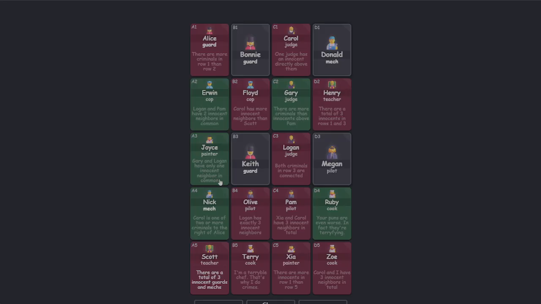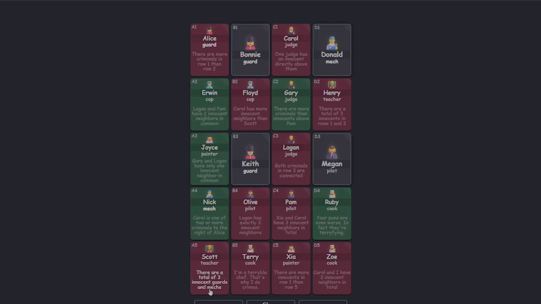Gary and Logan have only one innocent neighbor in common. Again, doesn't really help because we already know about Keith and Megan. Both criminals in row 3 are connected. Again, it's got to be Keith or Megan.